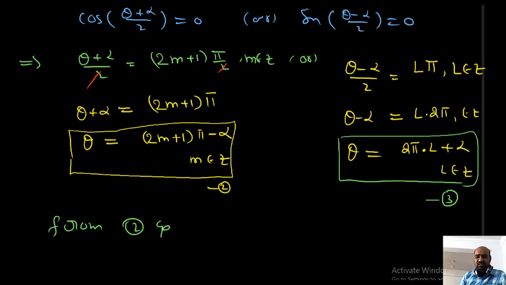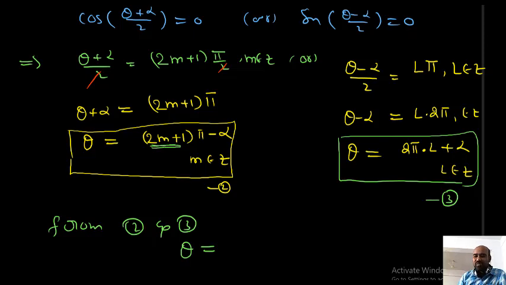From 2 and 3, students, this is very very very important. Observe these two. What is this? Odd integer. 2m plus 1 is an odd integer only, no? For m, take any integer, the value of 2m plus 1 is either 1 or 3 or -3 or -5 only. Odd integer into pi minus alpha.